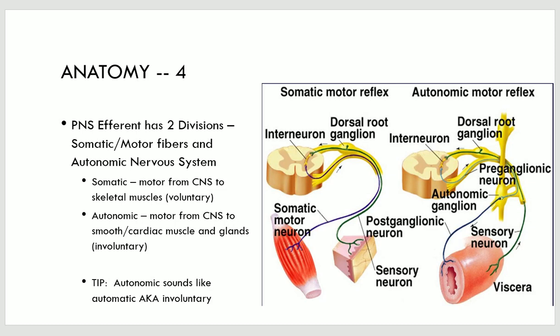This is the counterpart to the afferent division, right? So here we have the somatic nervous system and the autonomic nervous system.